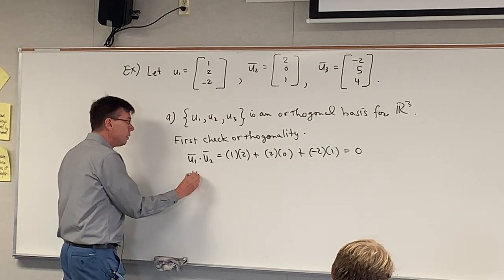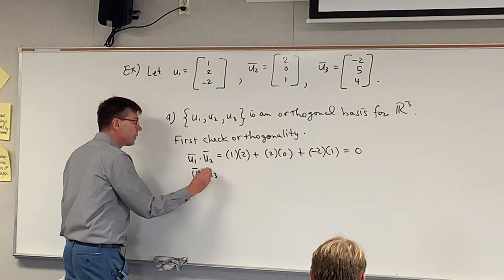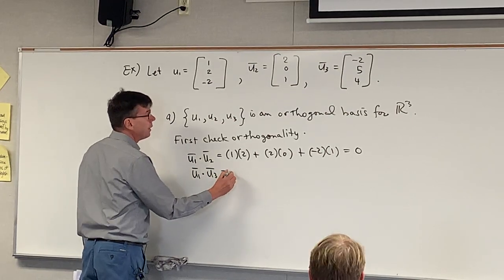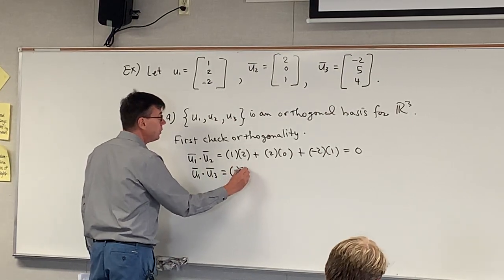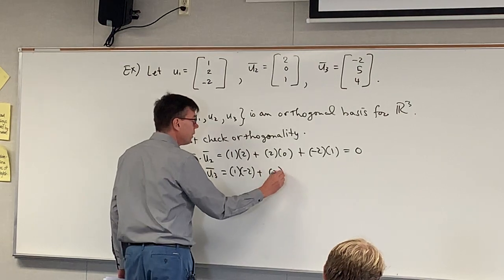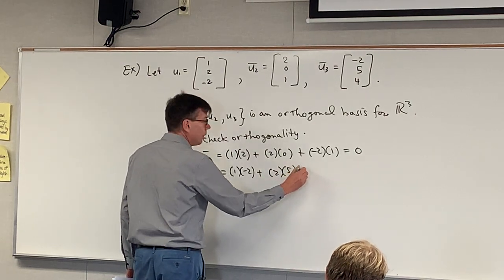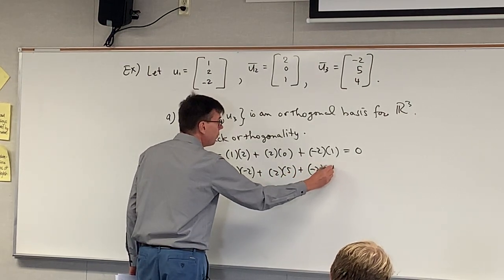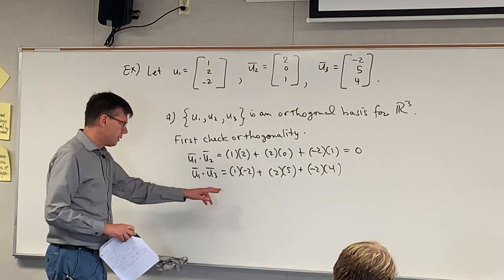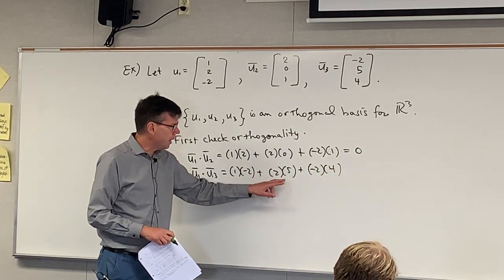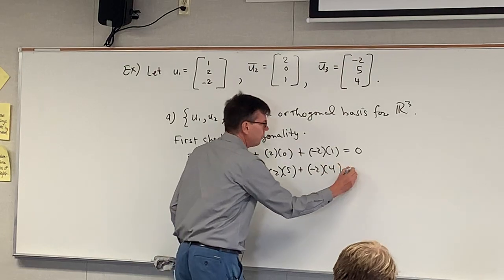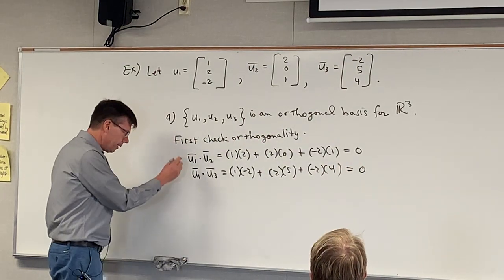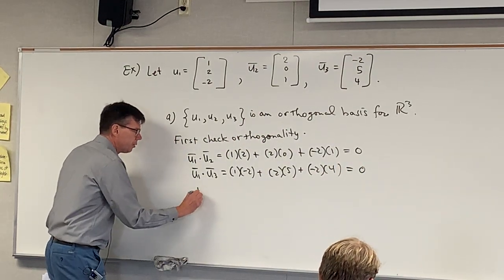We actually have 3 to check, right? We've got to take u1 times u3 also. I guess I'll write it out. 1 times negative 2 plus 2 times 5 plus negative 2 times 4. That's negative 2 plus 10 plus negative 8. That's 0. So we've got to think a little bit about getting every possible combination here.